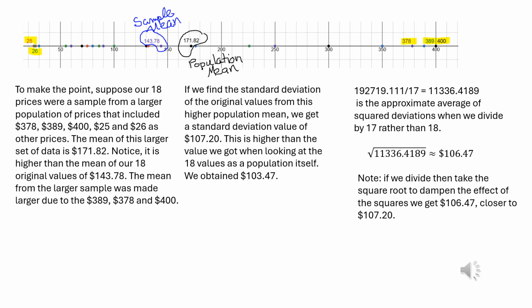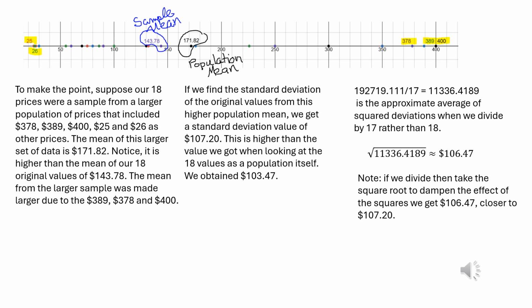So when you take a sample from a larger population, probably those sample values are going to differ by more than what you would get if you followed the strict definition of standard deviation and divided by n. So to compensate, if you want to make the standard deviation a little bit bigger, notice $107.20 was a little bit bigger than $103.